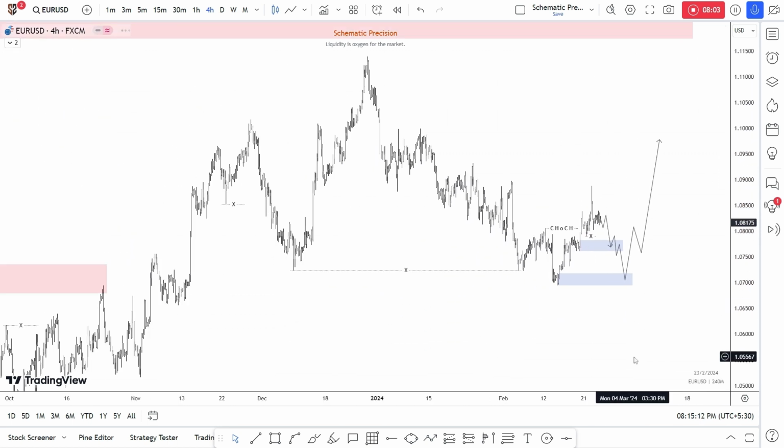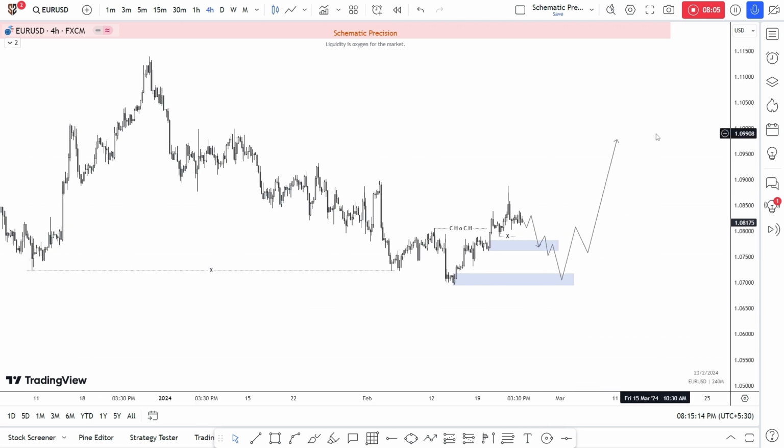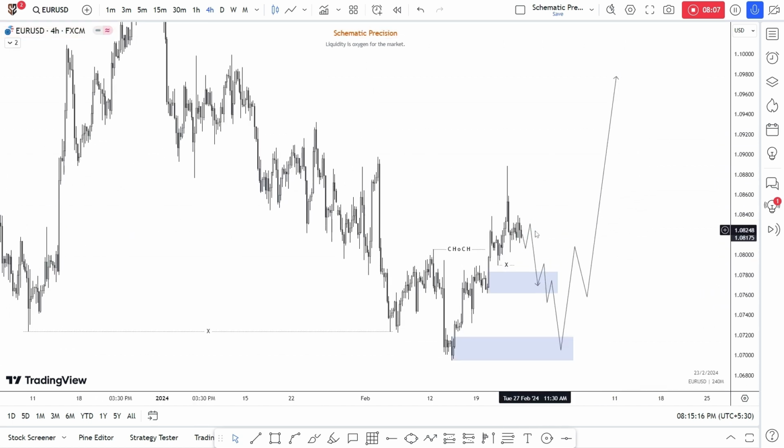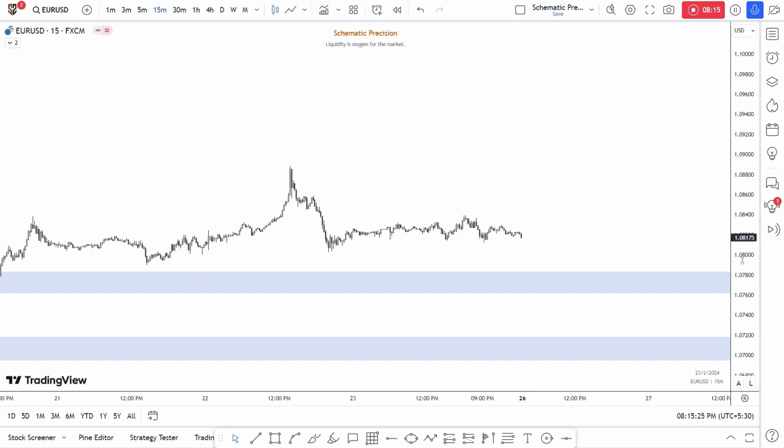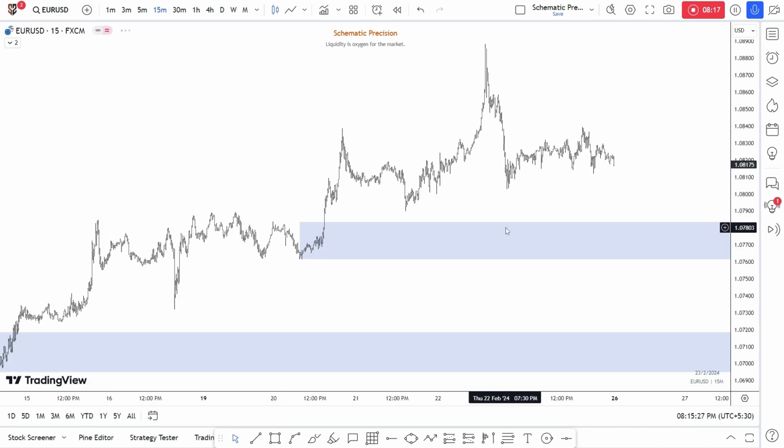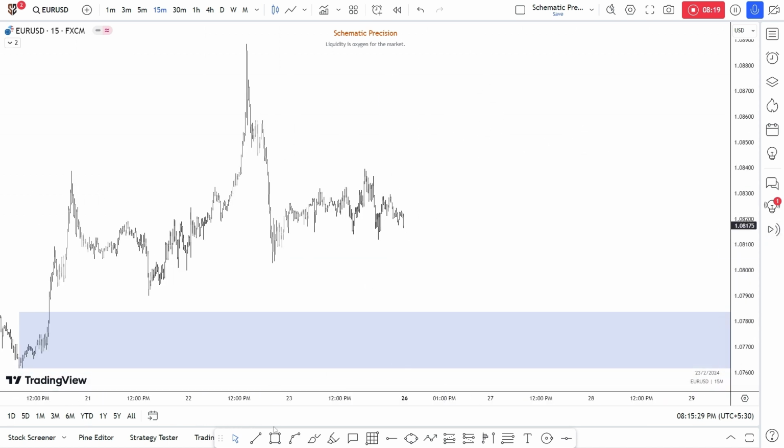So this is one of the scenarios, and these are the exact POIs I'll be looking forward to for the upcoming week. And let's go on the intraday time frame, which is 15 minute.